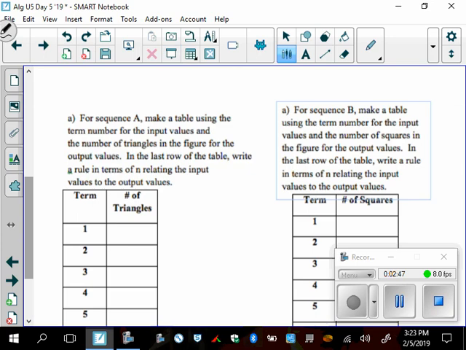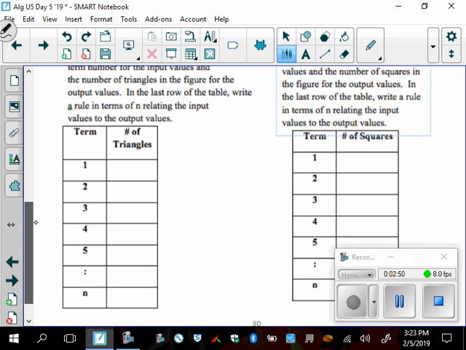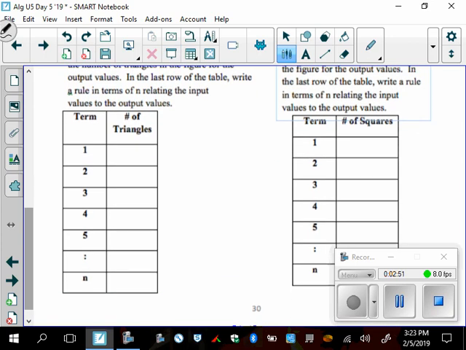So if we're looking at these patterns, we had 1 triangle, 3 triangles, 5 triangles, 7 triangles, 9 triangles. If we were thinking about this like y equals mx plus b, but now they're going to use an n instead of an x, my slope would be 2, because I'm adding that 2 every single time.